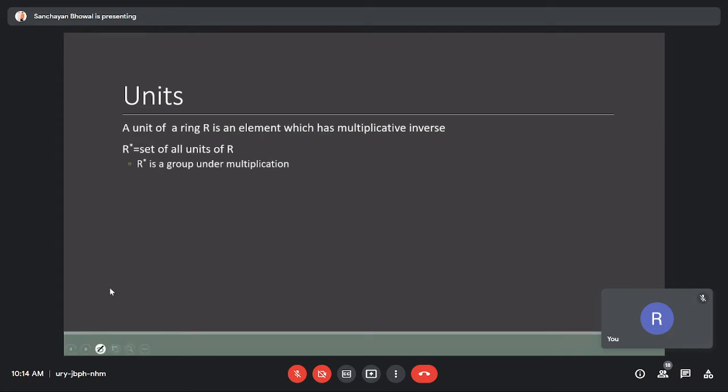Now we'll take some examples. Let's take F star. What is F star? F is a field and F star is the set of all units of F. In F, all the elements have a multiplicative inverse except 0. So this will be just F minus the singleton 0.